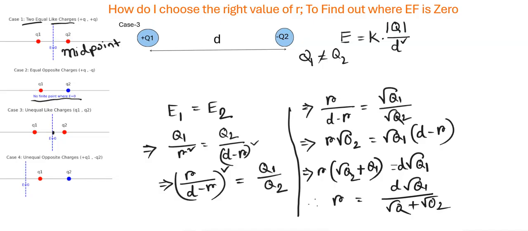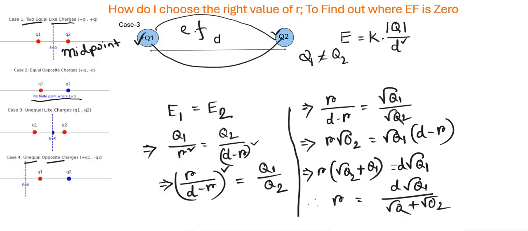Case number 4 is unequal but opposite charges, right? It means Q1 and Q2 are obviously unequal, but they are opposite charges. It means this is positive and this is negative. It means in between Q1 and Q2, in this region, obviously there is electric field.